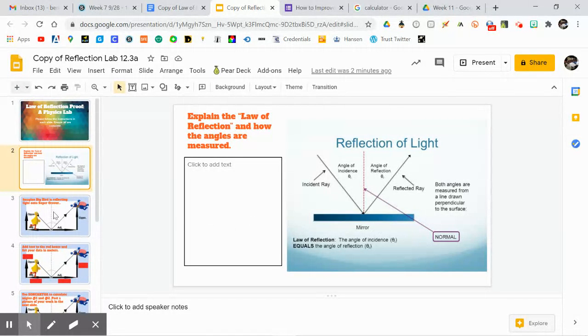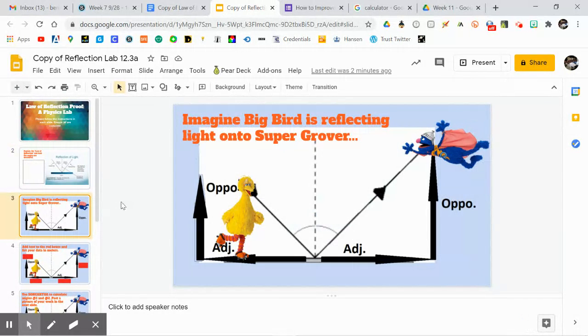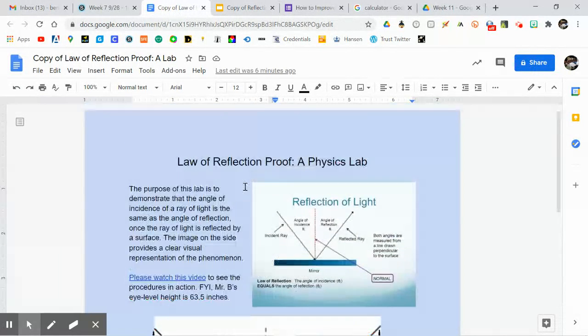And so we go to slide number 3, and this is just imagine Big Bird is reflecting light onto Super Grover. You don't need to make up any data over here because this is just giving you an example. The data that you're going to have comes from your law of reflection proof, a physics lab.